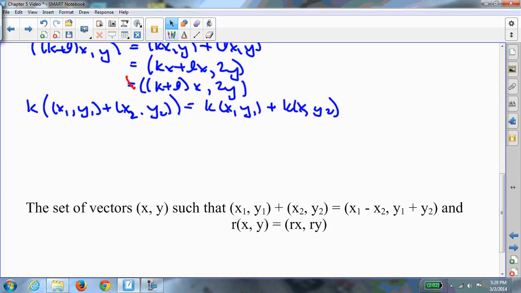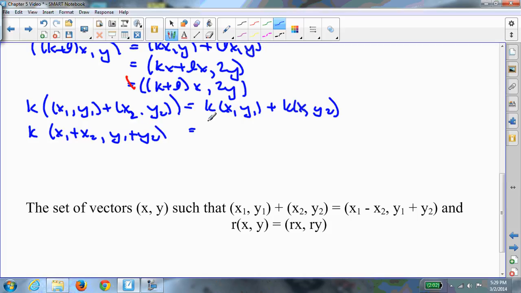So again, using the expression on the left, I would have k times (x1 plus x2 comma y1 plus y2), which equals kx1 comma y1 plus kx2 comma y2.